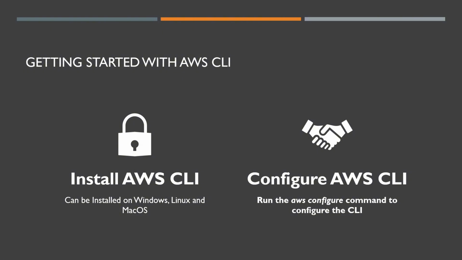And then, of course, after you've installed it, you've got to configure the command line interface with the appropriate credentials, where you are going to be prompted to enter all of the things that you need to be able to access your environment from the command line. And after that, you want to verify that the command line is properly installed, and you would be using the AWS version command. Once you do that, it's going to display the version of the command line that is installed on your system. We're going to demonstrate all of this.